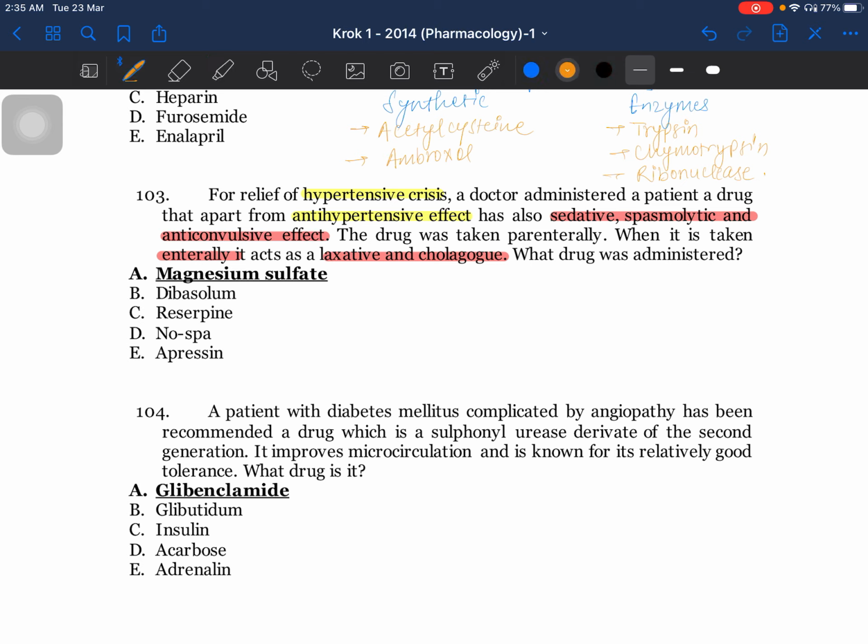So here we must know that magnesium sulfate has properties to behave as an antihypertensive drug, sedative, spasmolytic, and anticonvulsive.